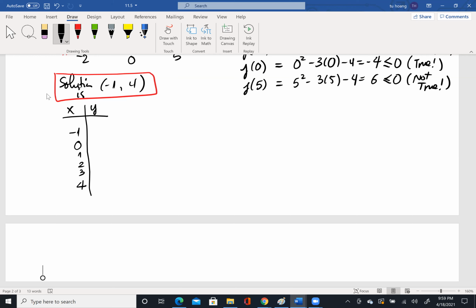Maybe one more value at 5. I may need another value before -1. So at -2, we get 6. At 0, we get -4. At 1, we get -6. At 2, we get -6 also. At 3, we get -4.